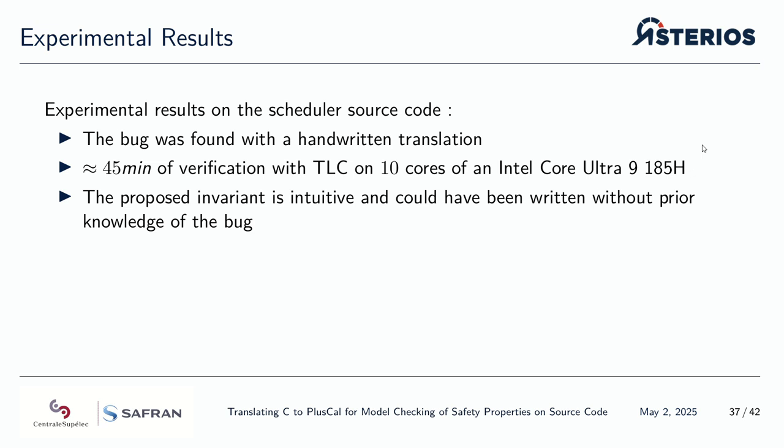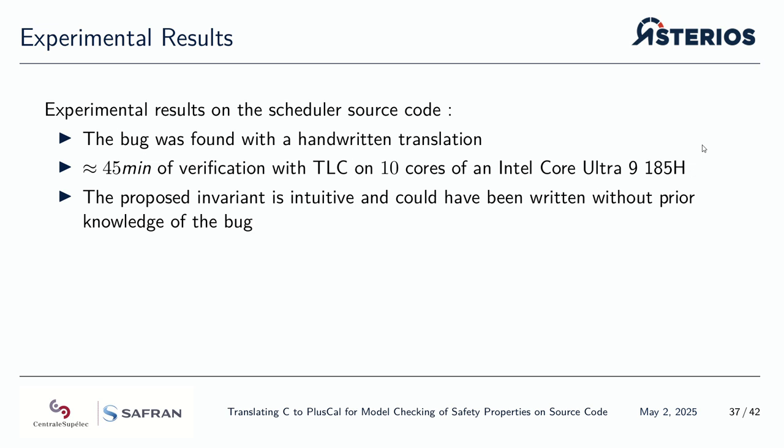It took approximately 45 minutes of verification with TLC on 10 cores of an Intel Core Ultra 9 processor. So it is quite fast when we compare it to the time that the manual test would have taken to write and to run.